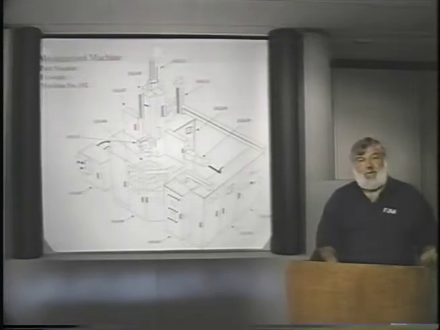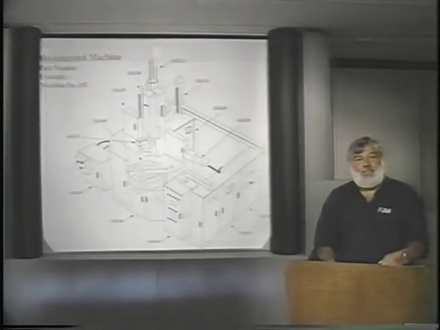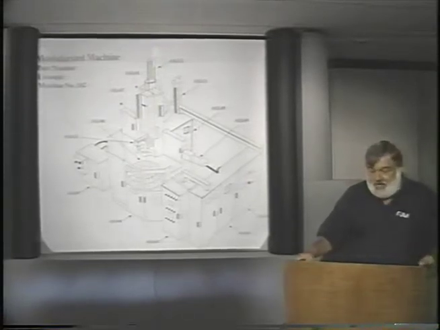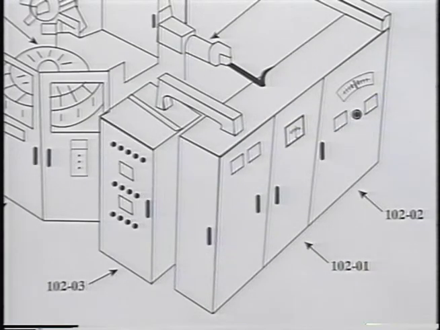If you would look at the lower right-hand portion of this particular machine, you'll notice that there is suffix 10201 and 10202. Those two units or modules are electrical panels.